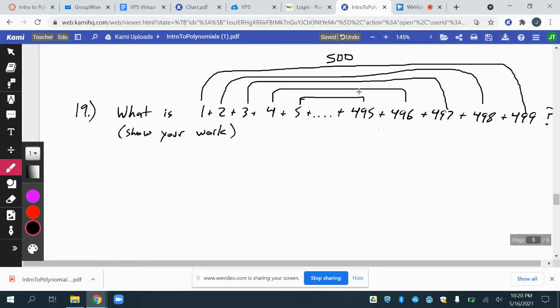Well, I'm going to keep on going until I get to, let's see, 250 is in the middle, right? Between 1 and 499, it's in the middle. I could do 249 and 251, and guess what those are going to make? 500, right?